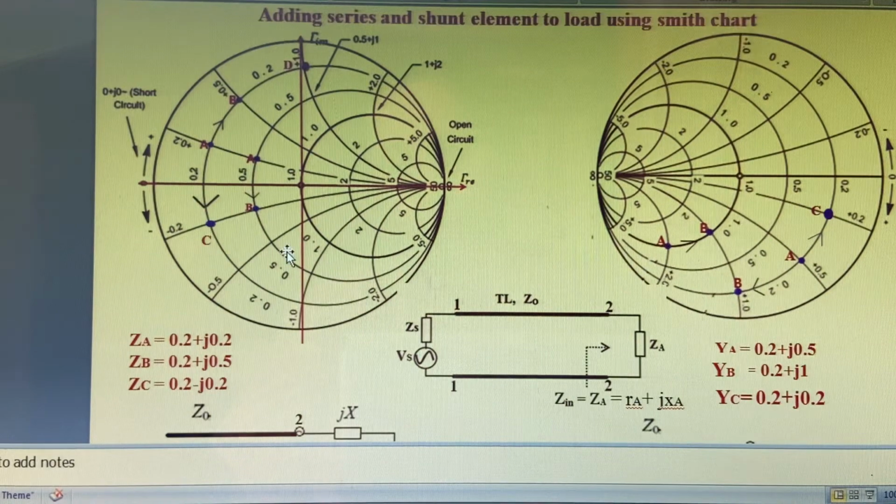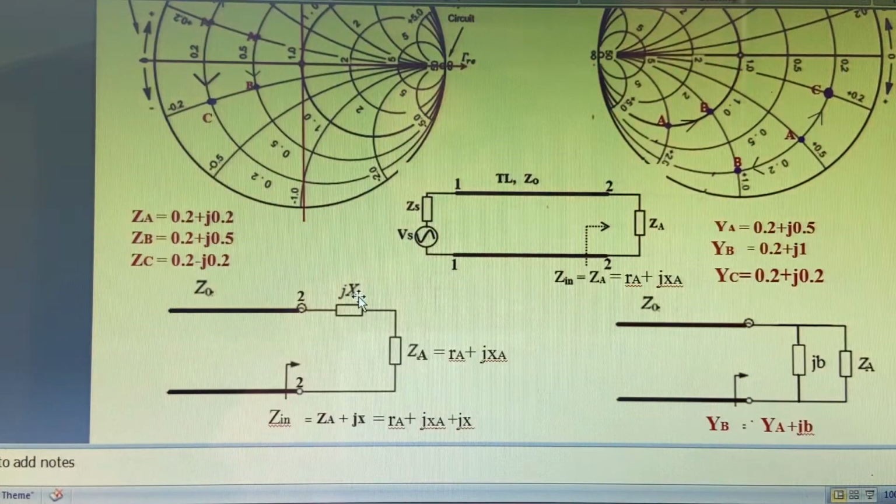So addition of a series element like this with the existing load ZA increases or decreases the reactance between the terminals.